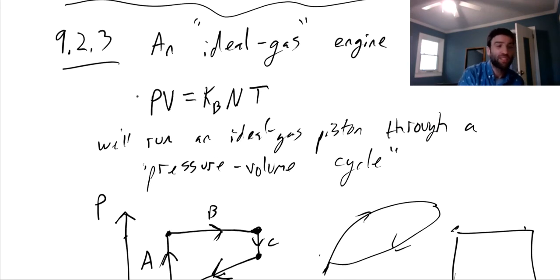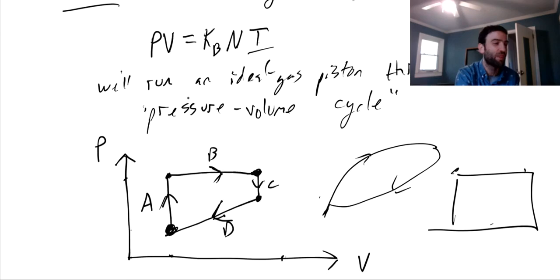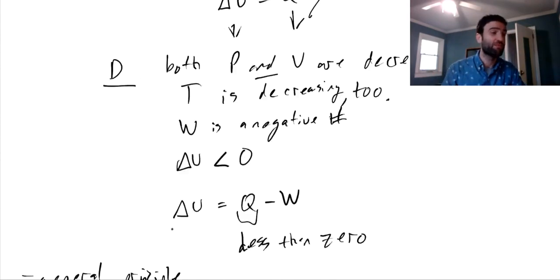The ideal gas law tells us that the internal energy, which for these ideal gases we can measure just with the temperature, and the temperature is just PV divided by kN. So after I start here, I'm at some particular value of pressure and volume. If I go through a whole cycle, I'm at exactly the same values of pressure and volume, which means I'm at exactly the same temperature, which means I'm back at the same point in the internal energy.